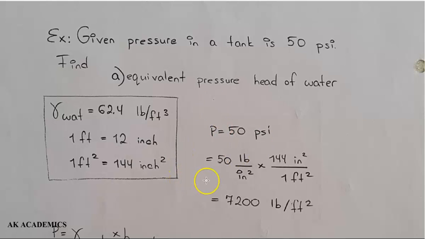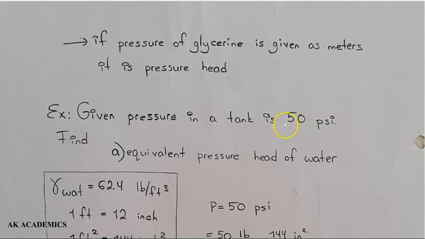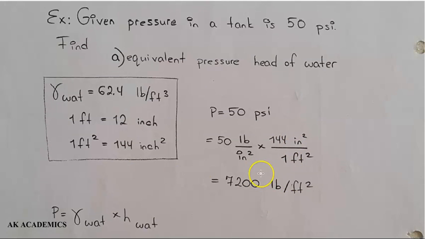So the pressure will be equal to 50 pounds per square inch multiplied by 144 square inches divided by 1 square foot.